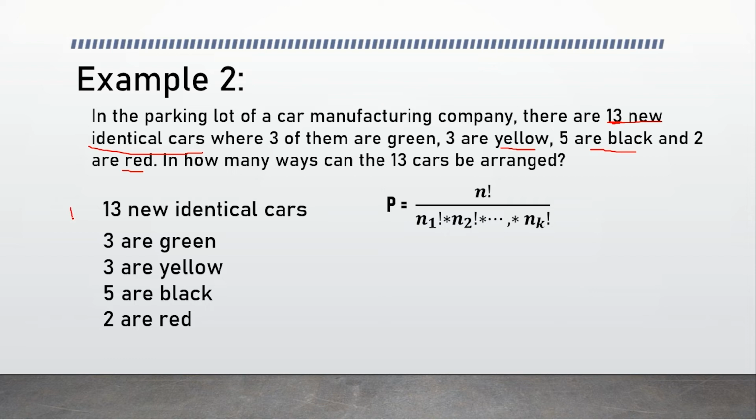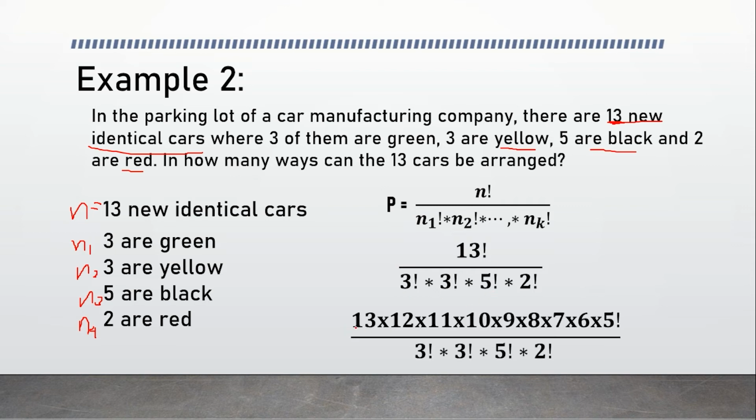So this will be our n, and n sub 1, n sub 2, n sub 3, and n sub 4. So we have 13 factorial all over 3 factorial multiplied by 3 factorial multiplied by 5 factorial multiplied by 2 factorial. Kapag in-expand natin yan, we will have 13 multiplied by 12 down to 5.